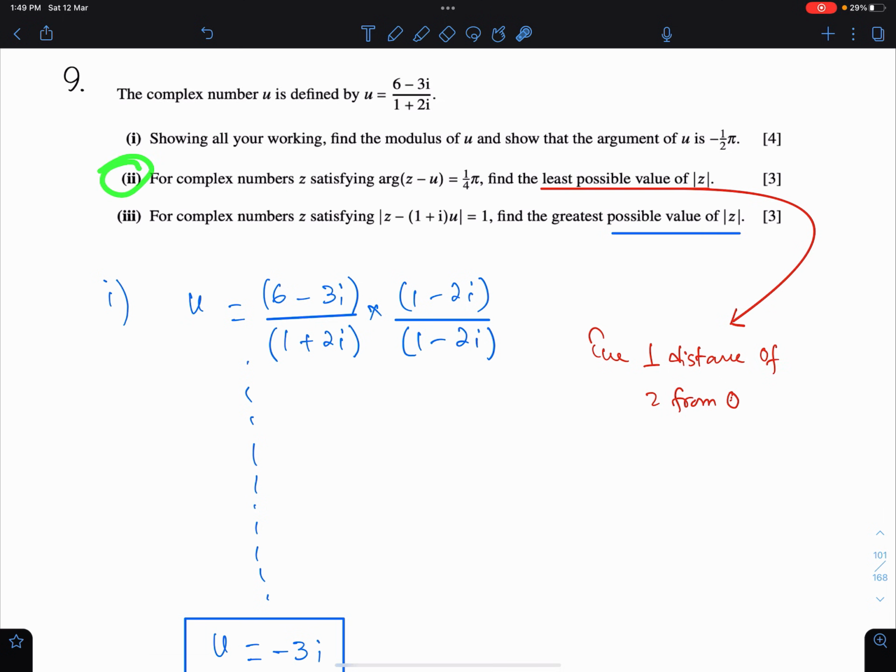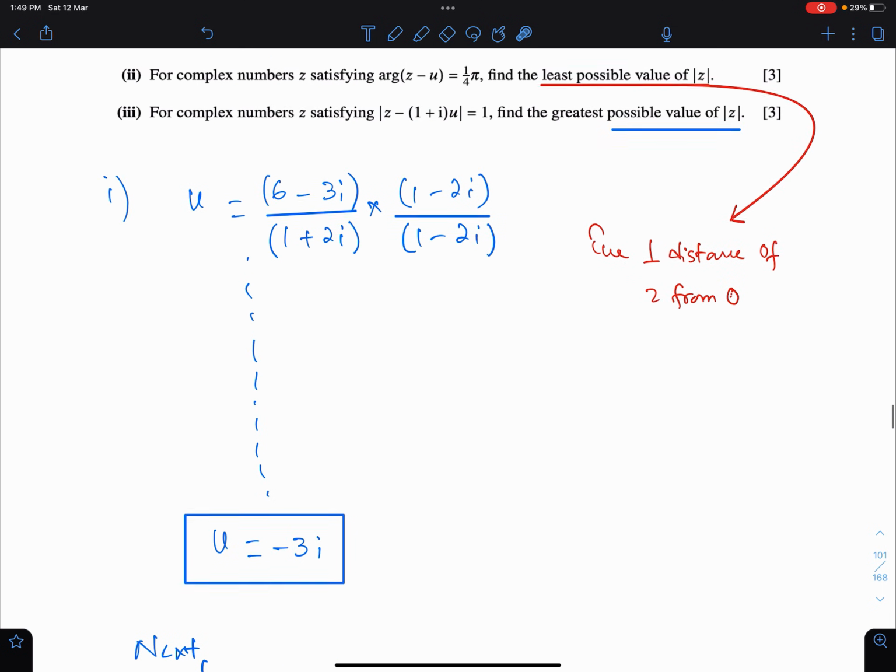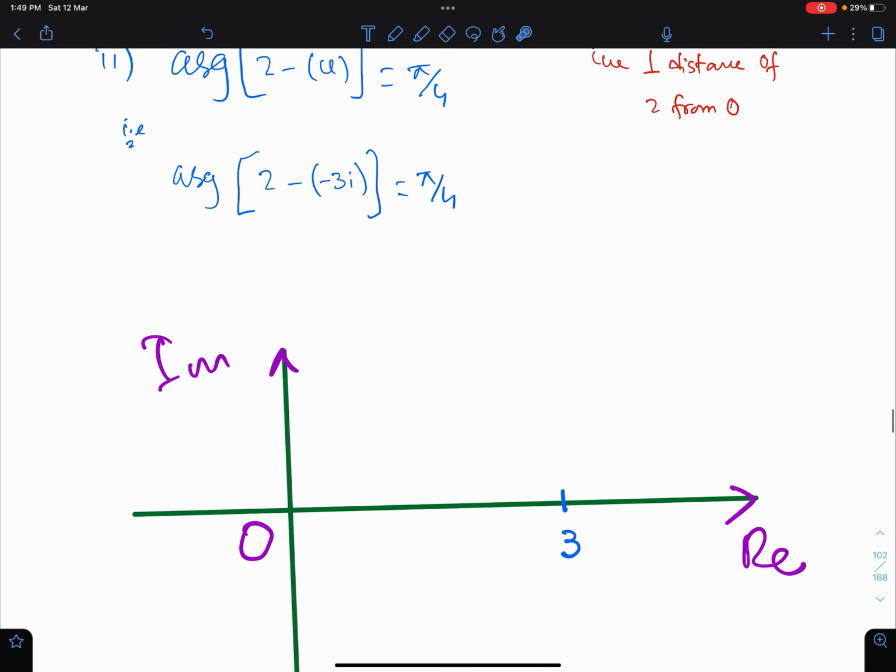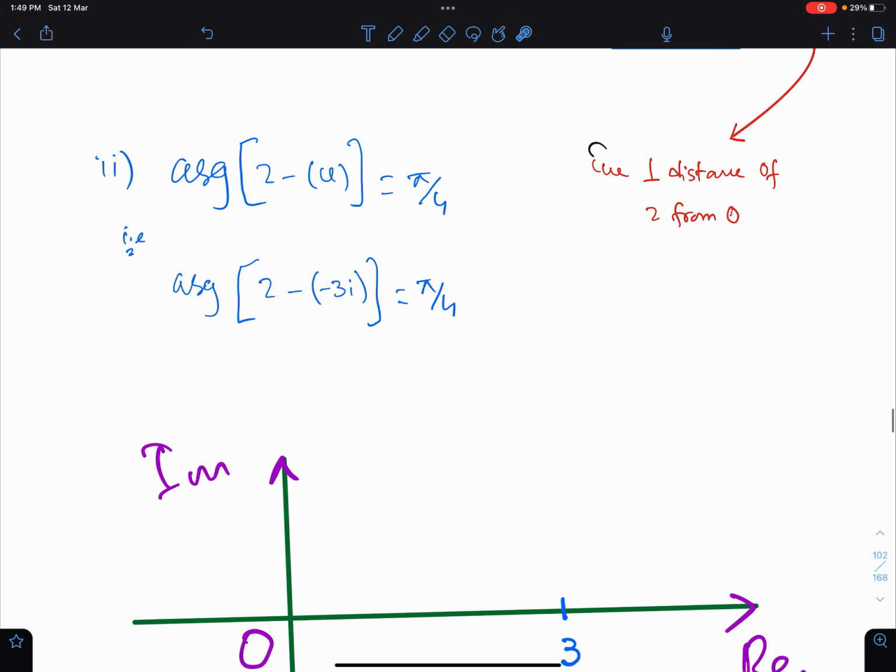Now the second part of this question. For complex numbers satisfying this equation, find the least possible value of modulus z. Least possible value of modulus z means the shortest distance of z from the origin. So first sketch this complex number. You can sketch it in this way.